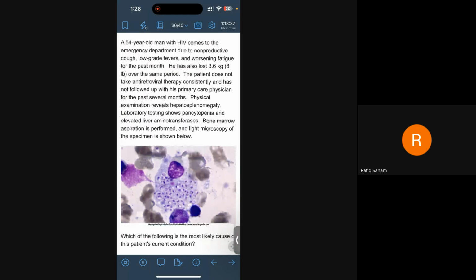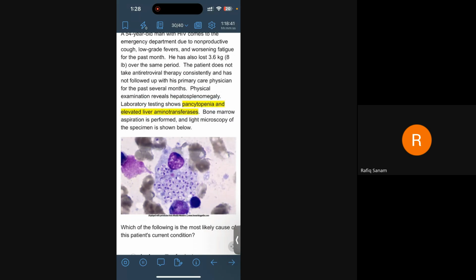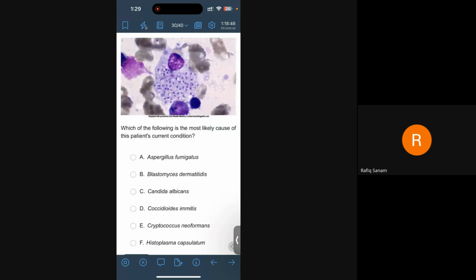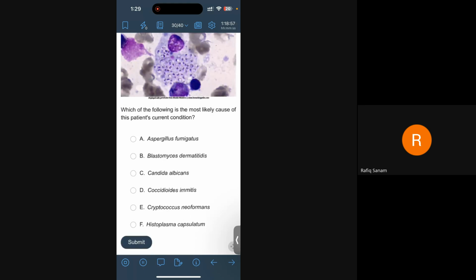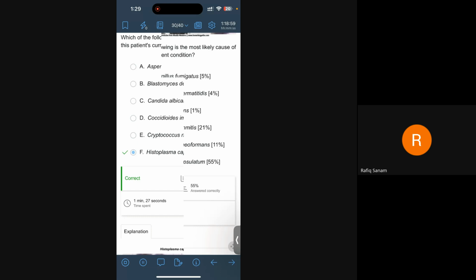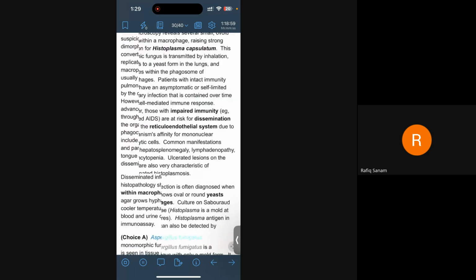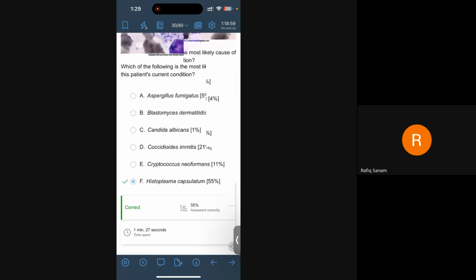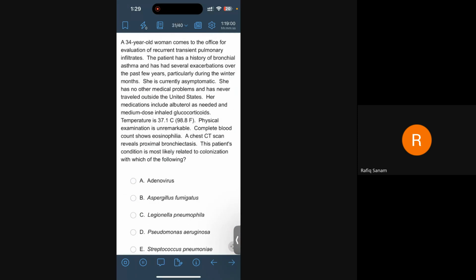The patient develops a systemic mycosis because the patient is immunosuppressed, because the patient has HIV. So what would be the answer here? Histoplasmosis. Impaired dissemination, released within macrophages.